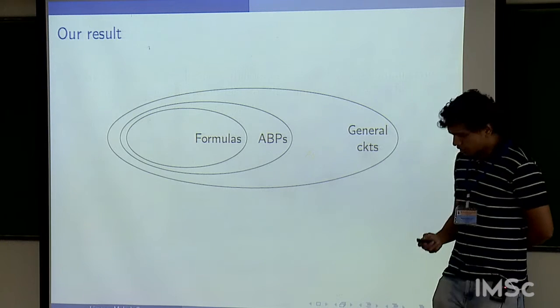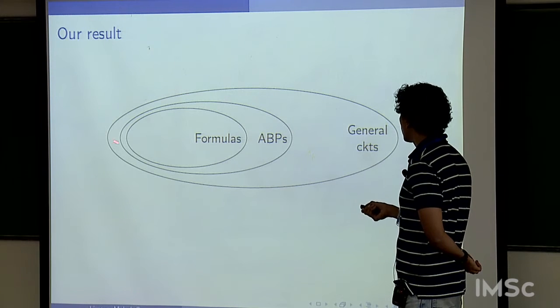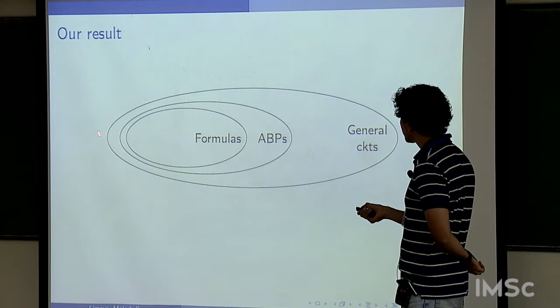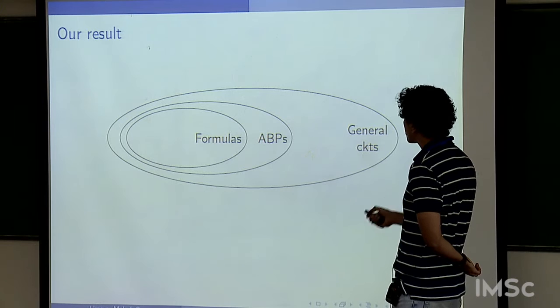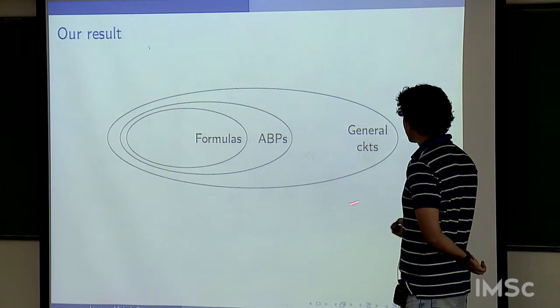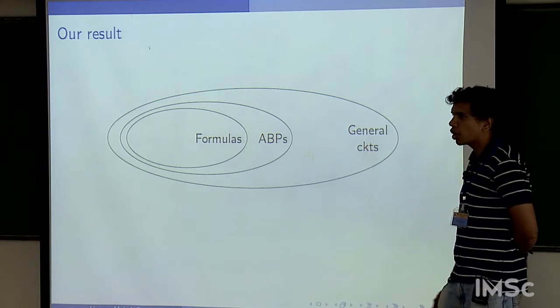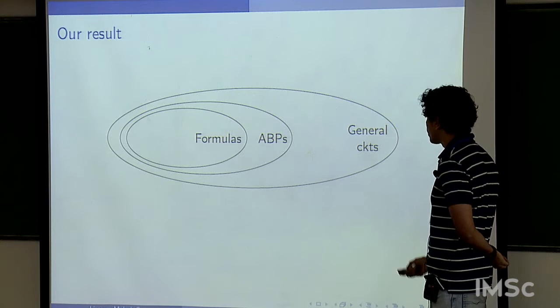So let me state our result. As I said, Nisan proved lower bounds for formulas, and in fact for a slightly stronger model of computation that I called ABPs. What we want to do is make progress towards this big ellipse here, which is the class of general non-commutative circuits. So we want to come up with explicit polynomials that don't have general non-commutative circuits.